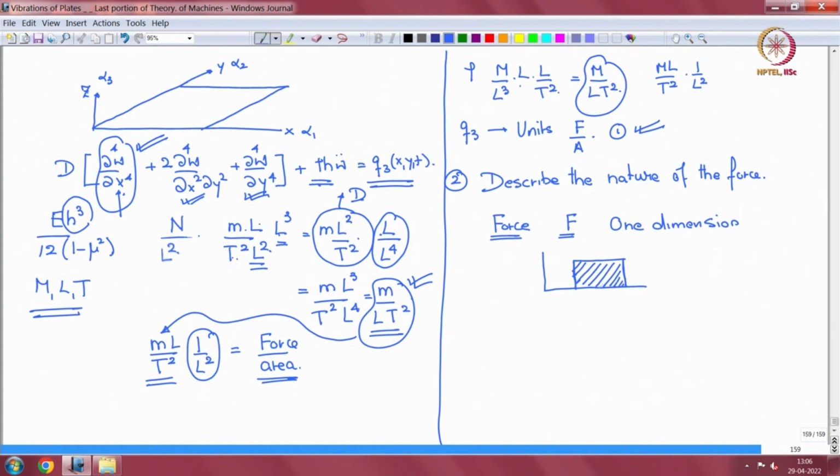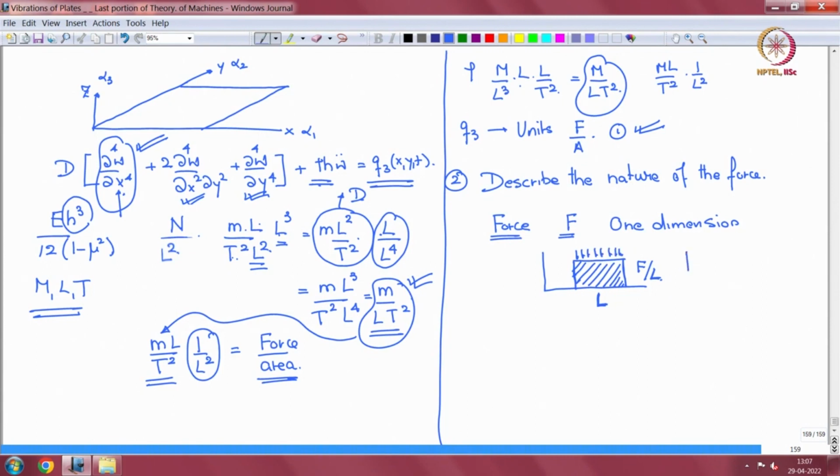That means I have a length, let us say L, and I have a force per unit length F by L. So force per unit length is applied over this particular length, so that the total force is F.